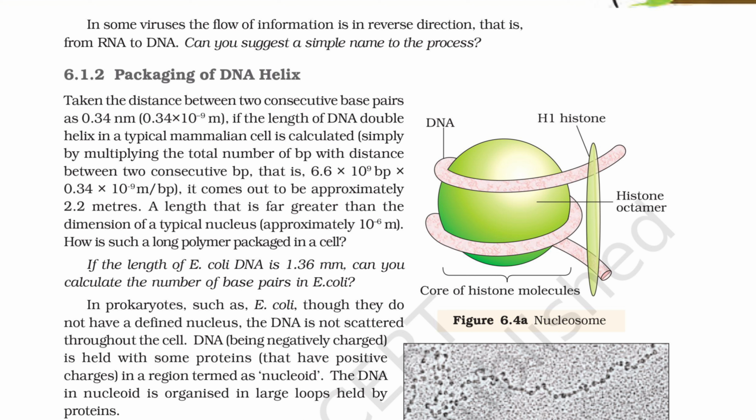A length that is far greater than the dimension of a typical nucleus, approximately 10 to the power of minus 6 meters. How is such a long polymer packaged in a cell?